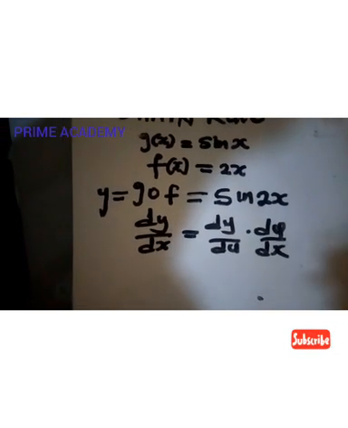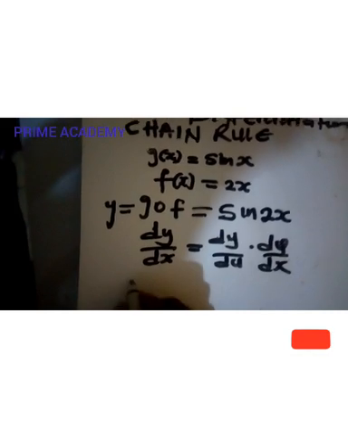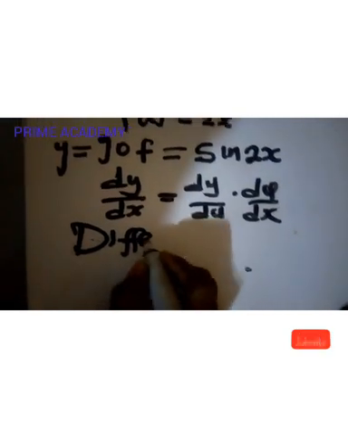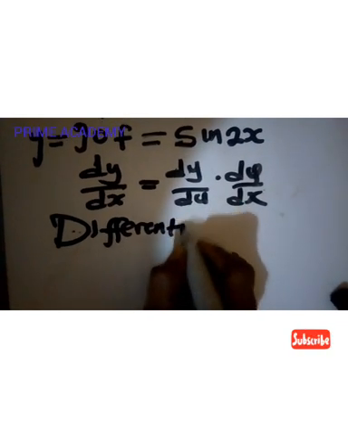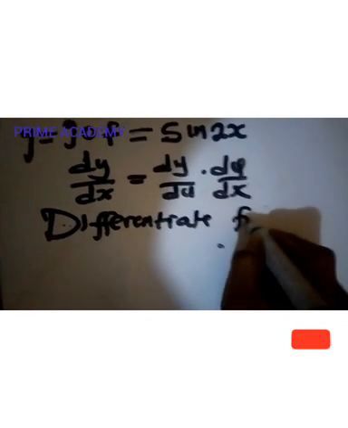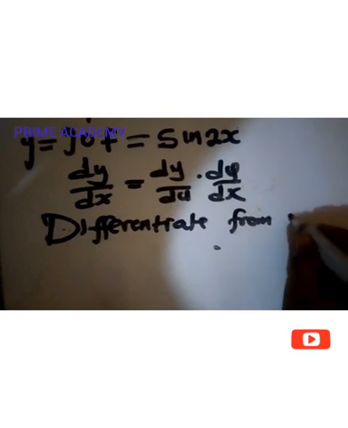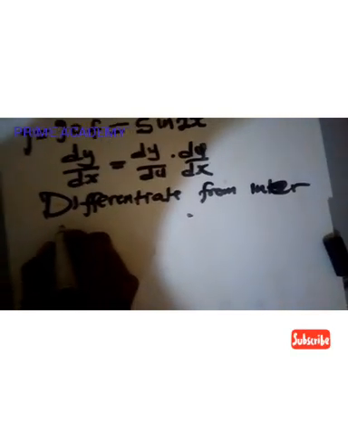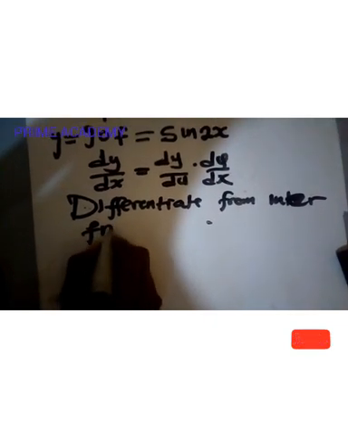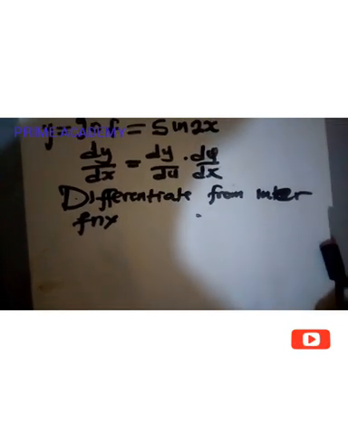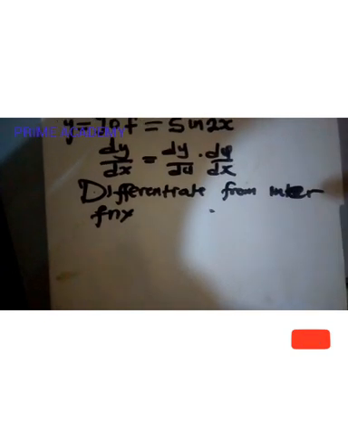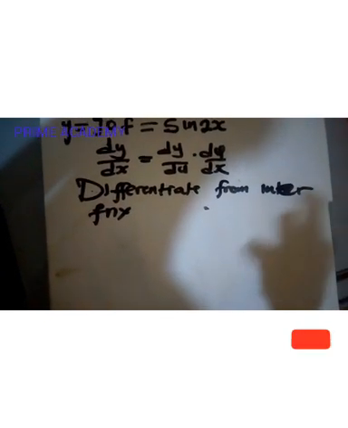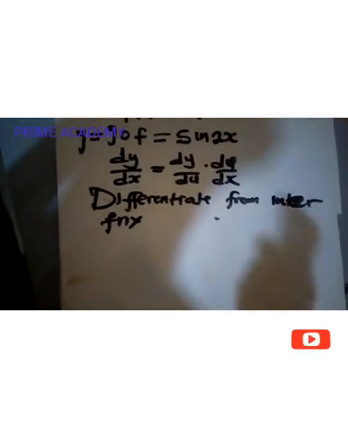So for chain rule, we simply differentiate from the inner function to the outer function. Differentiate from inside to outside.